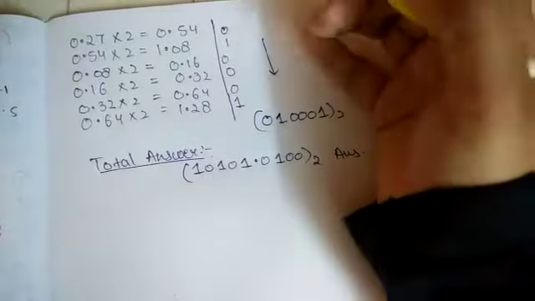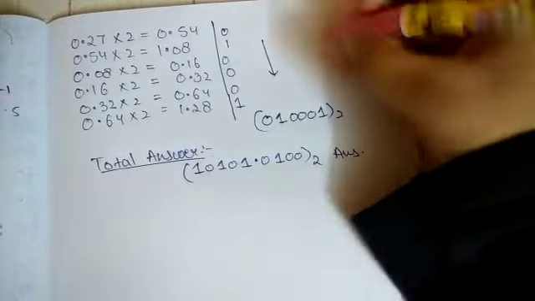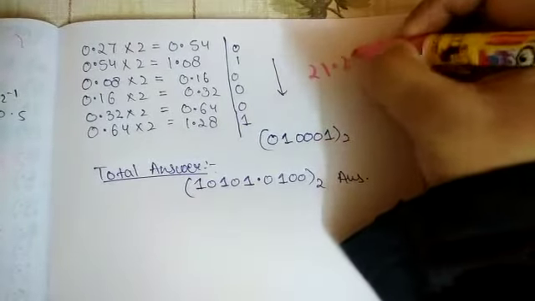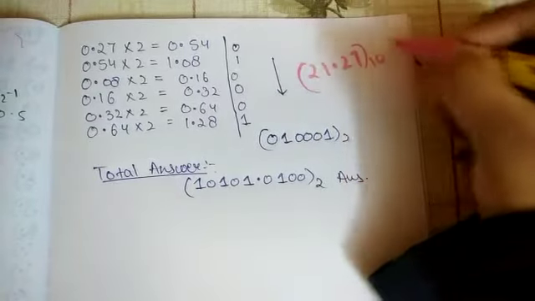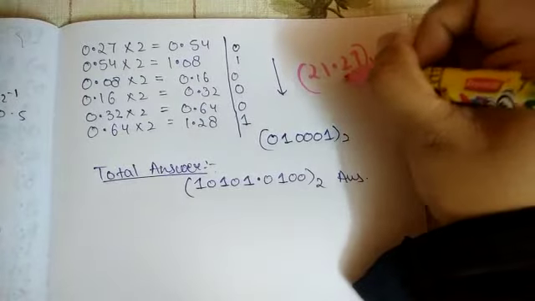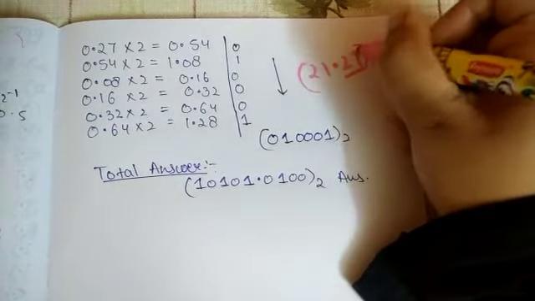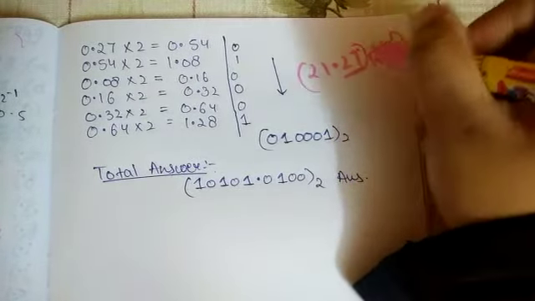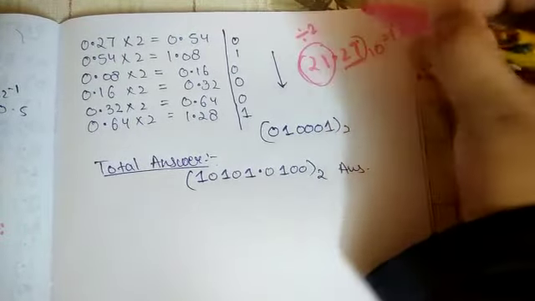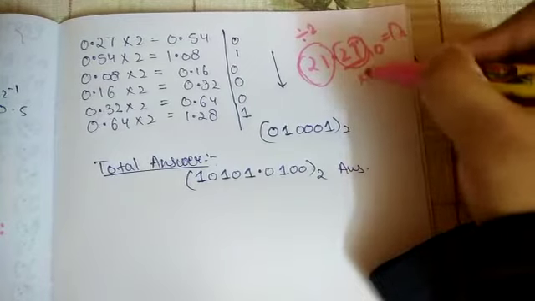see, the 0.27, we are having a question of 21.27 base 10 to 2. So now we have considered the 21, and we have to consider the part after the decimal. With the 21 we divided by 2, but with 27 we have to multiply it by 2.